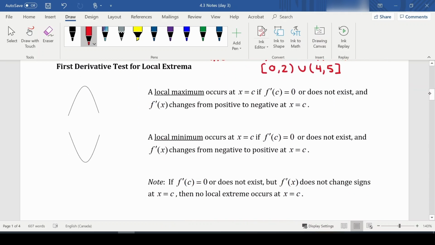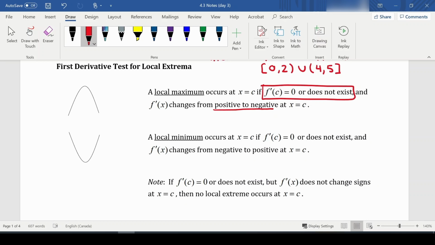Now we can also use our first derivative, or f prime, to figure out where somebody has a maximum or minimum. Okay? A local maximum occurs at some value x equals c if f prime is 0 or does not exist, and f prime changes from positive to negative at x equals c.